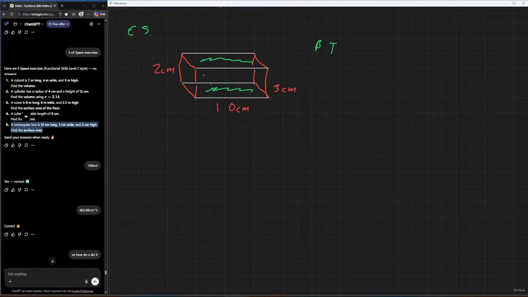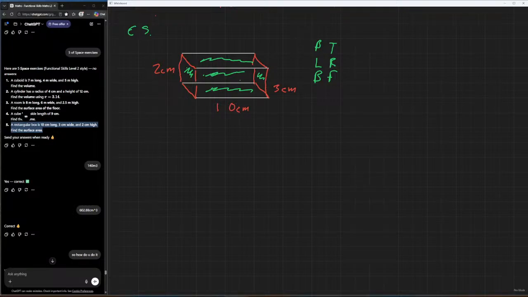Then we have left and right sides. And then we have the back side and the front side. We need to find each and then add it together.